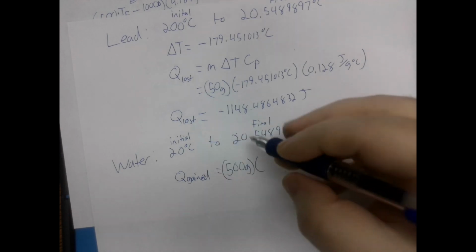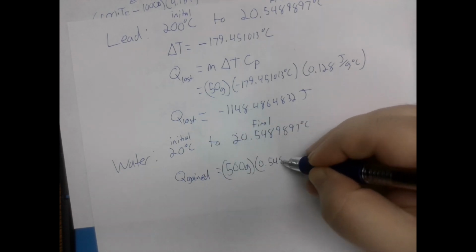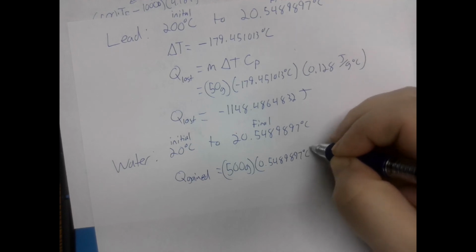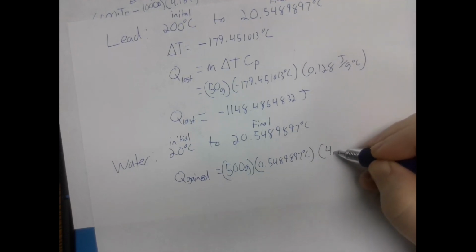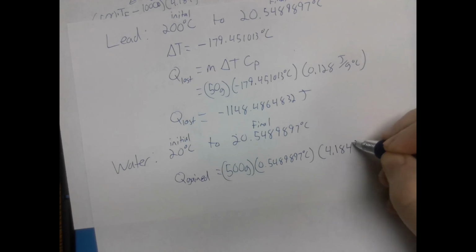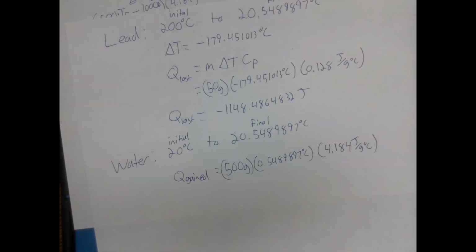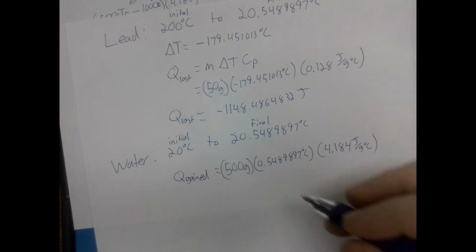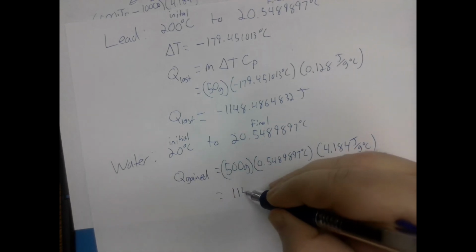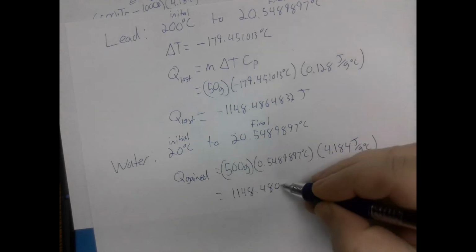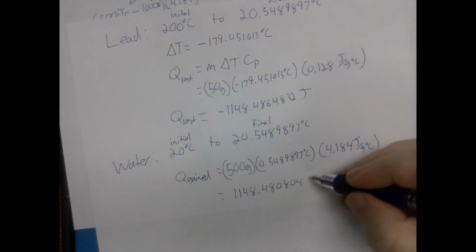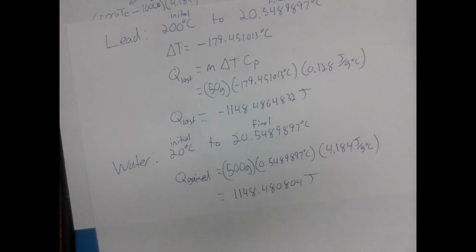Its change in temperature is 0.5489897 degrees Celsius. And the specific heat of liquid water is 4.184 joules per gram degree Celsius. So the amount of heat gained by the water is equal to 1,148.480804 joules.